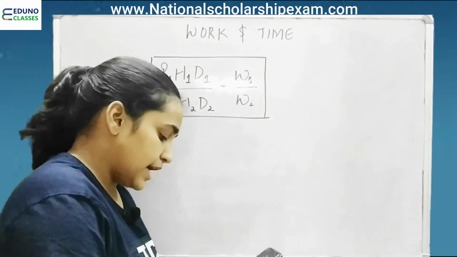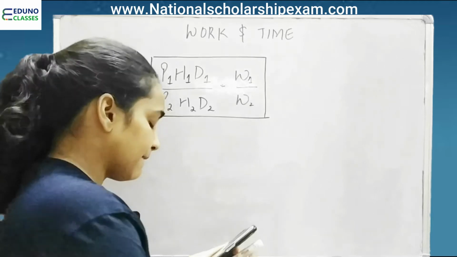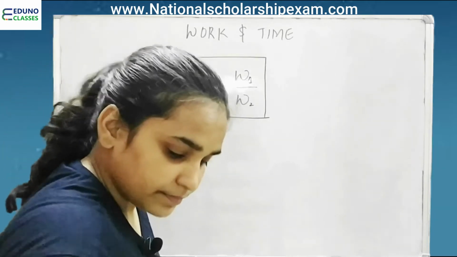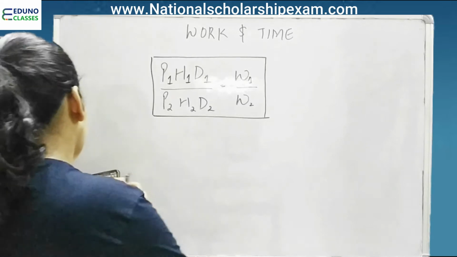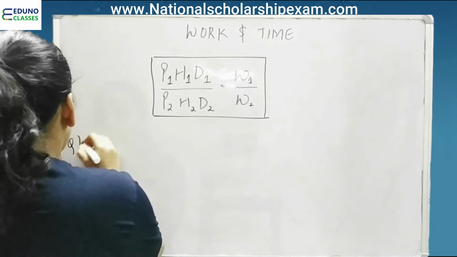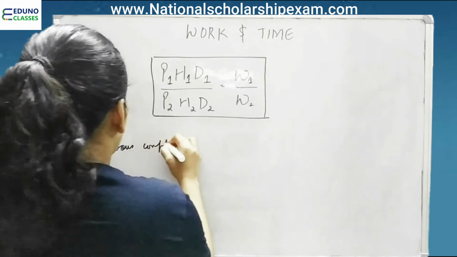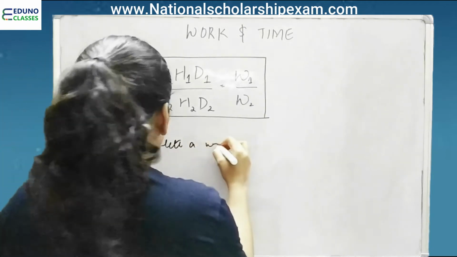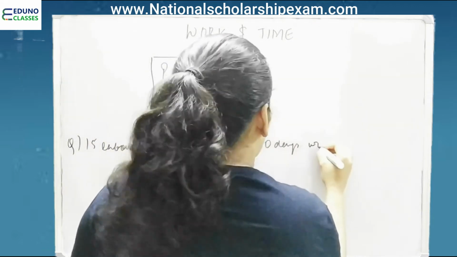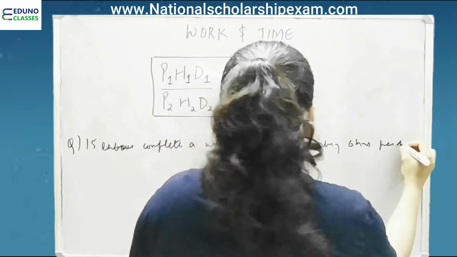The first question we have in front of us is this question, write it down. Question: 15 laborers complete a work in 10 days, working 6 hours per day.